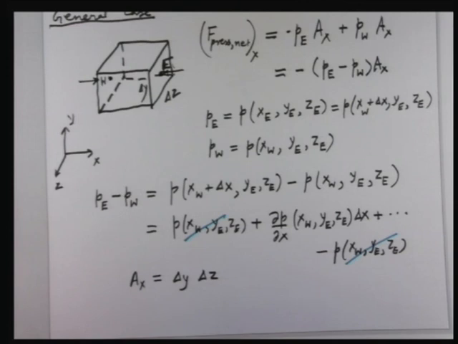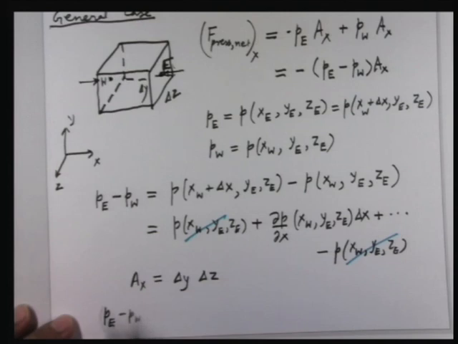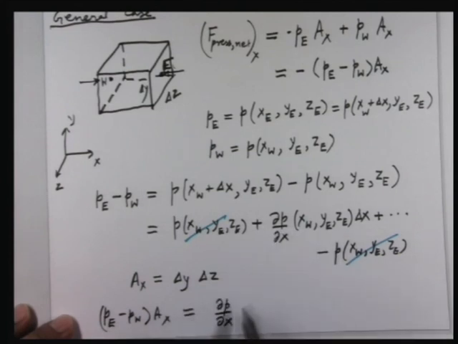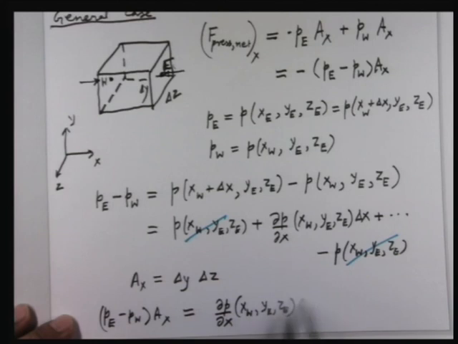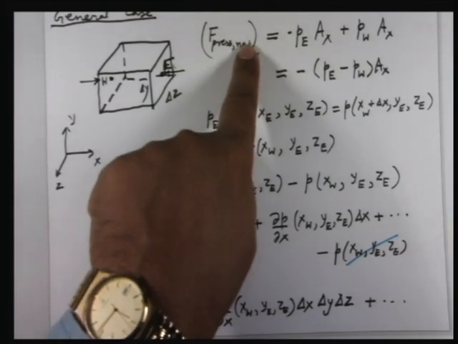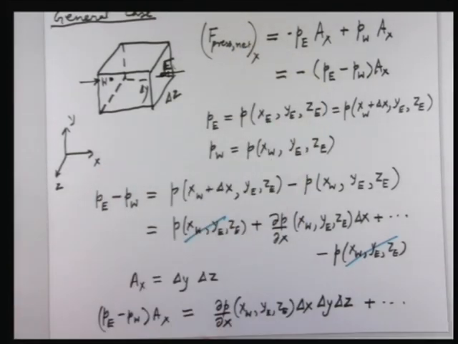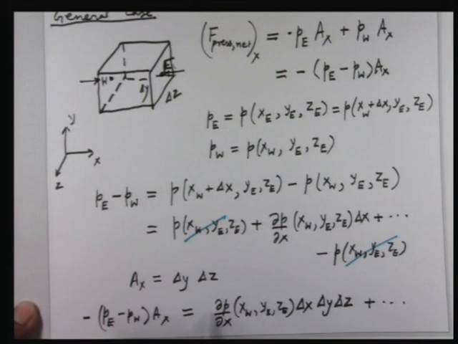So you are going to have Pe minus P west into Ax is equal to del P del X at X west, Y east, Z whatever it is. There is a delta X already sitting here. You are now going to multiply it by delta Y, delta Z, and you have other terms. Now, if you want the net pressure force here, you have to put a minus sign, so minus of this plus higher terms.